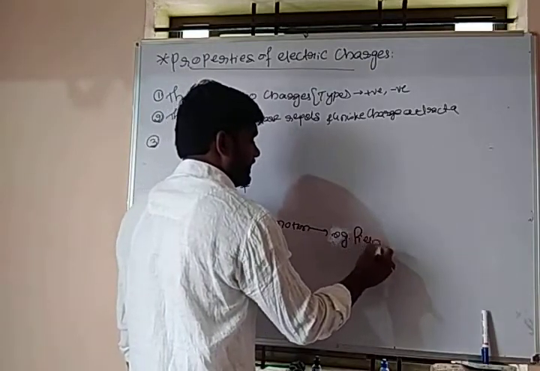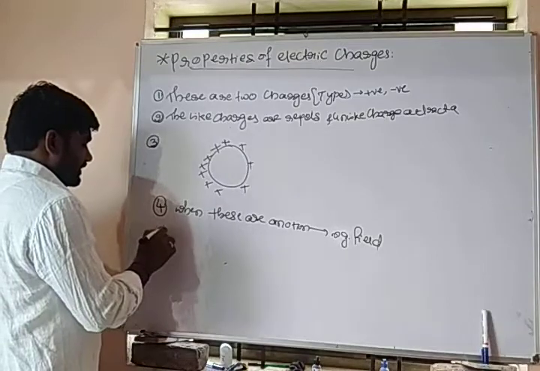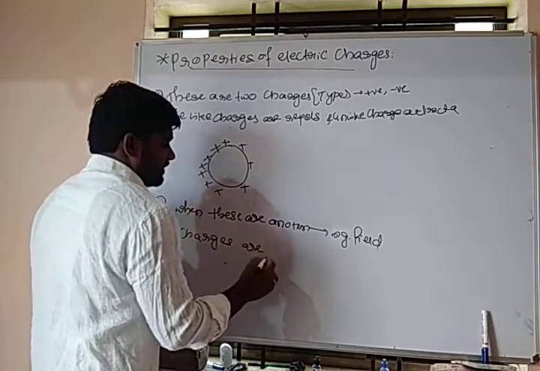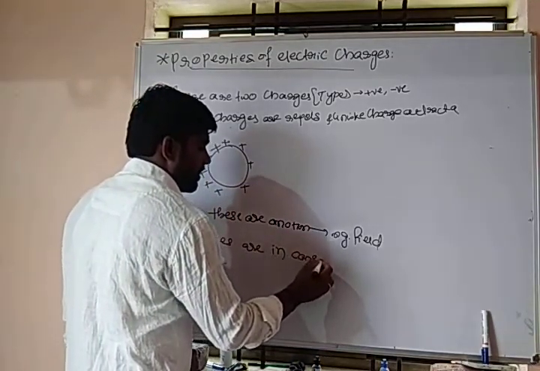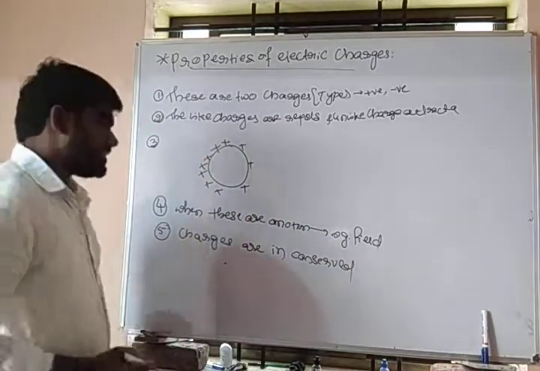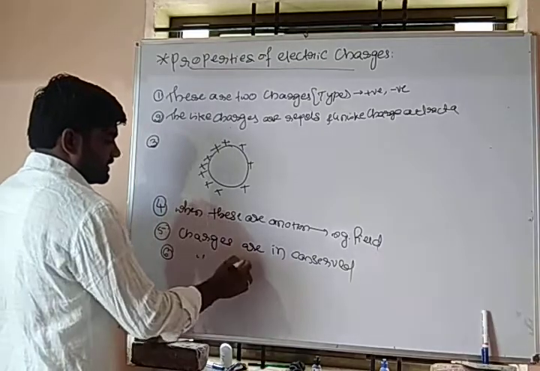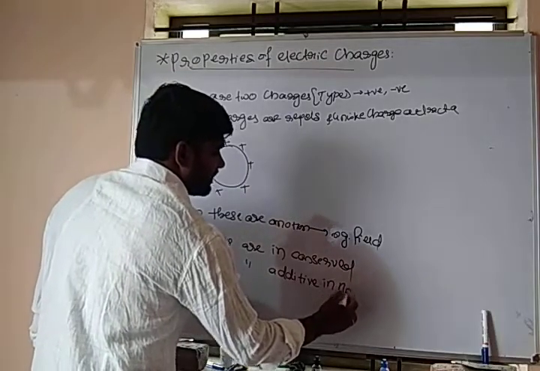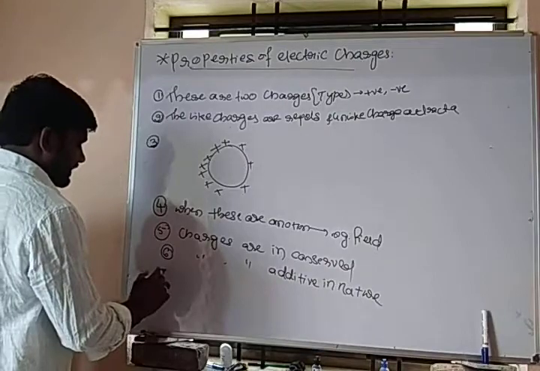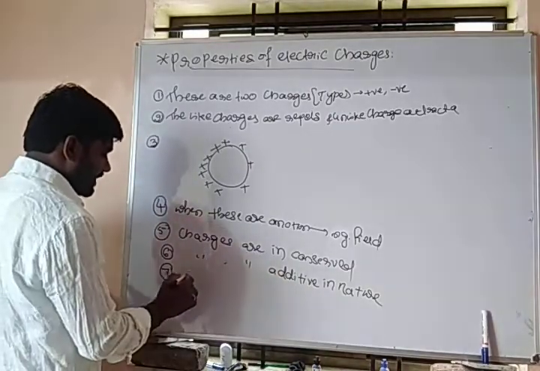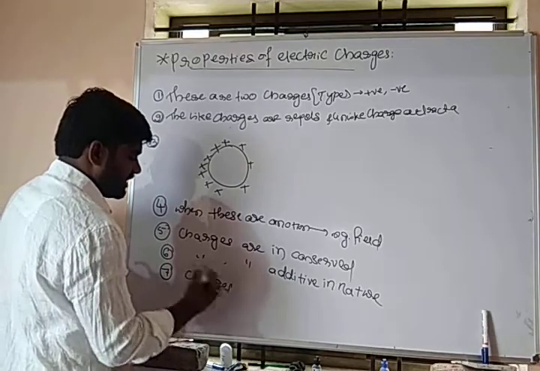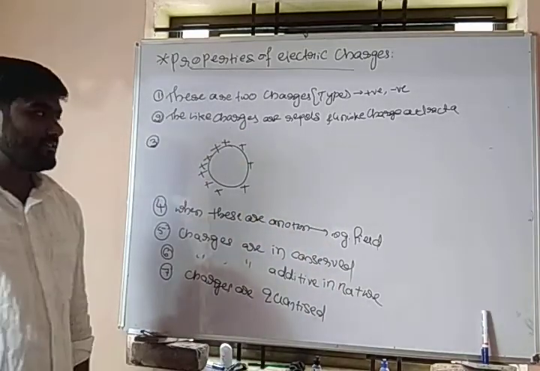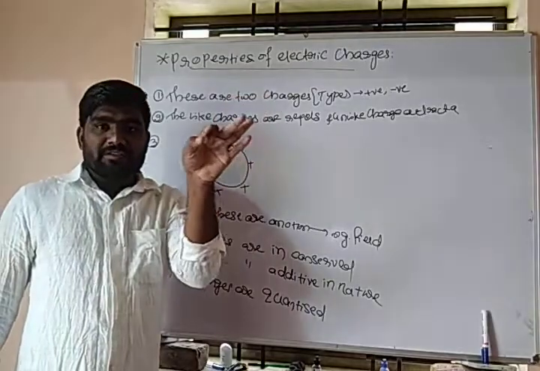Then the fifth one, charges are conserved in nature. Then the sixth one, charges are additive in nature. Then the seventh one, charges are quantized. These are the main properties of charges.